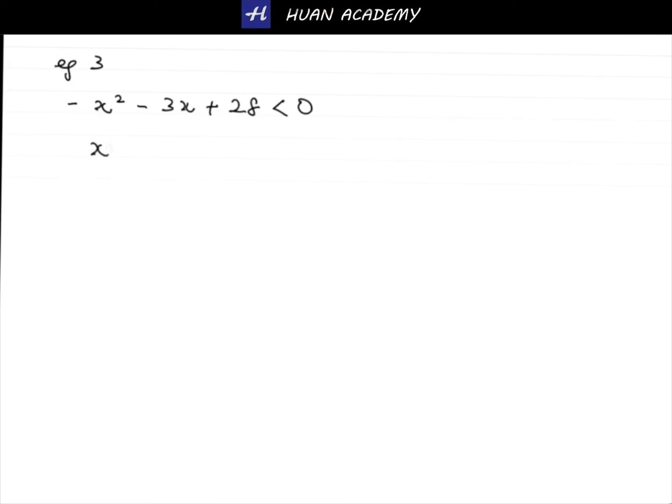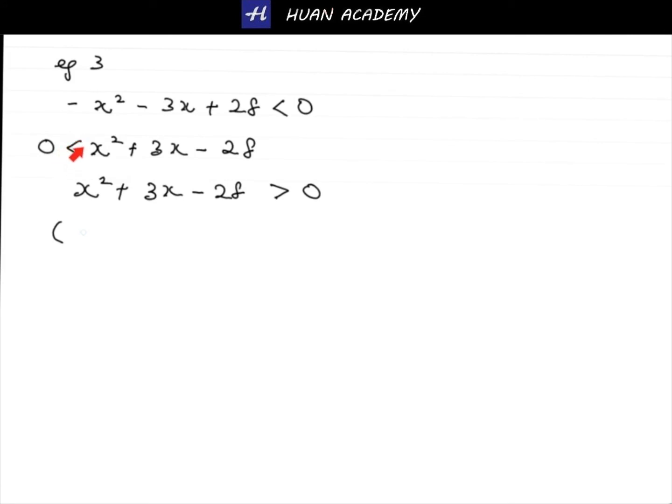So here you are, shift the -x squared to the right side, -3x to the right side, 28 to the right side, then it's greater than 0 like this. So rewrite the quadratic expression and write it as greater than 0. How to do greater than 0 here is very easy. As you can observe from here, this is a big mouth. Imagine that this is a mouth.